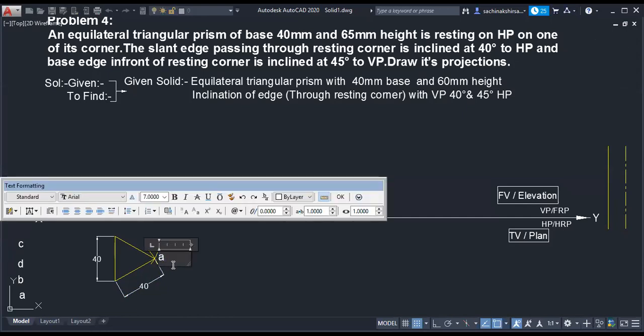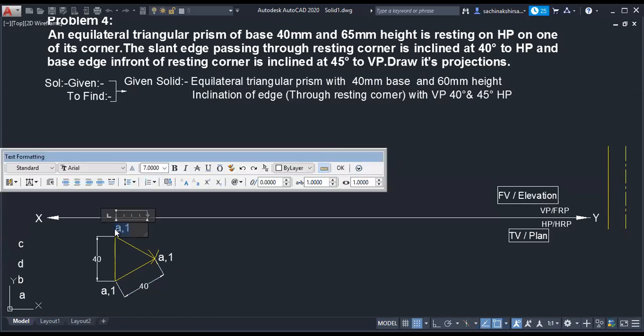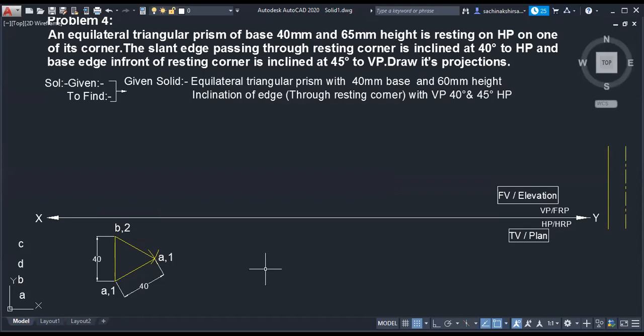Which are they? First type, A, 1. A1, B2, C3. Likewise, very good. So here there will be B comma 2. Here there will be C comma 3.